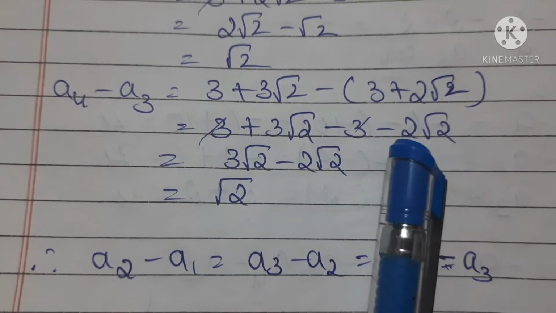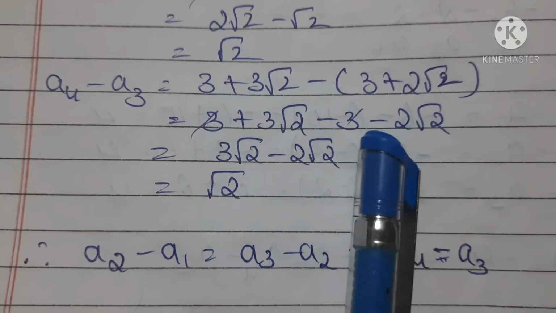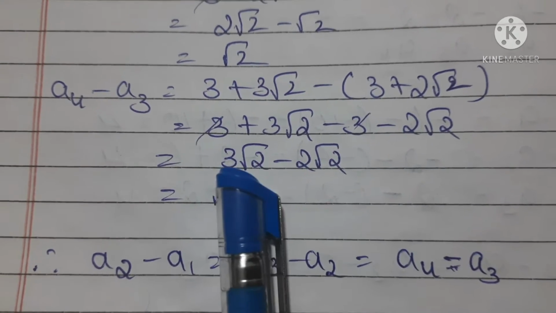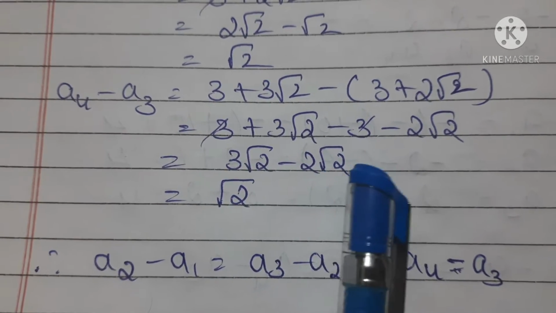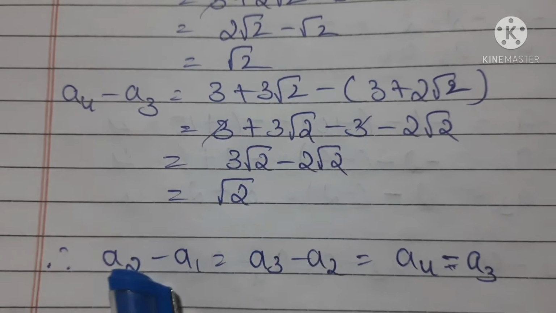Now plus 3 minus 3 gets cancelled. Now remaining 3 root 2 minus 2 root 2. 3 minus 2 is 1, so 1 root 2.